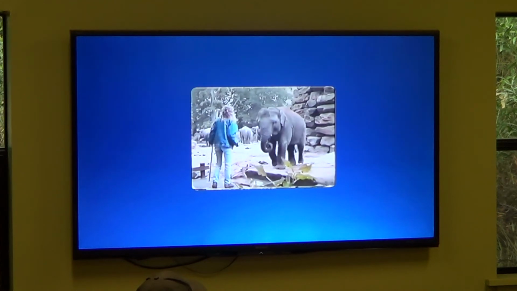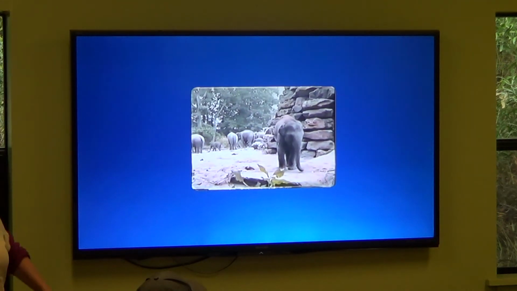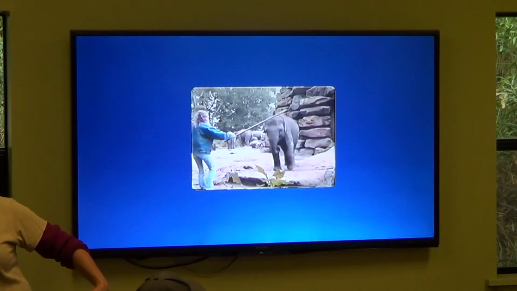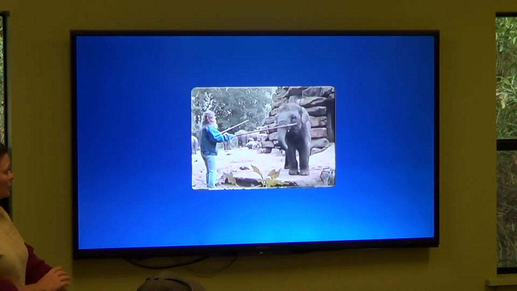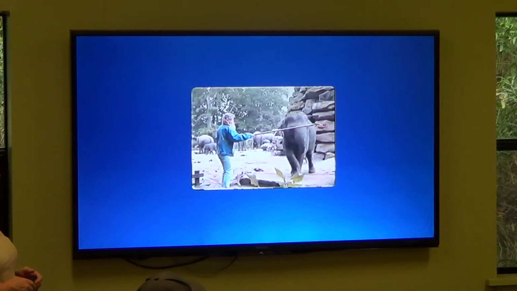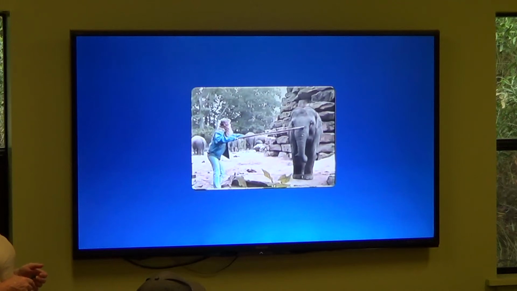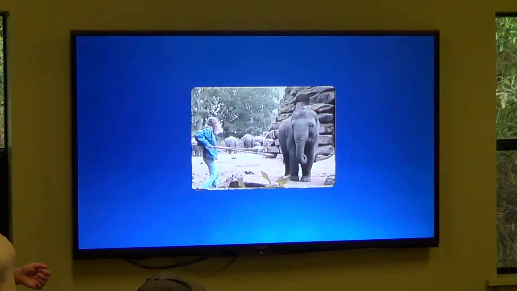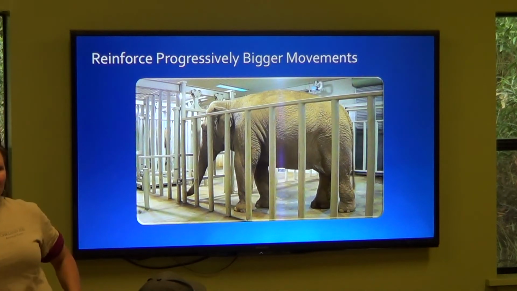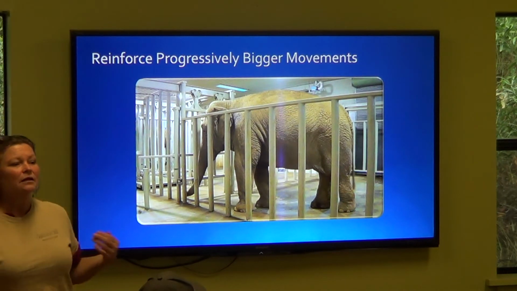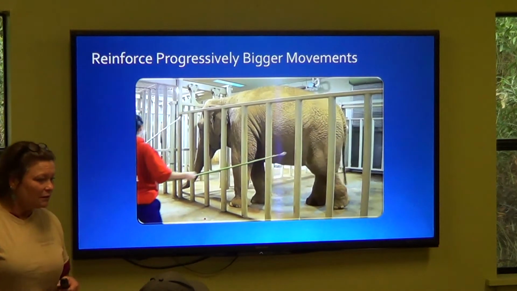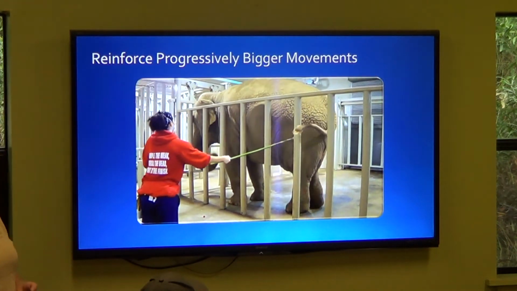And then what you'll see in just a sec is she's actually going to touch him, pull that hip target away, and you'll see him take his first step towards the hip target. So there's the touch, move it away, and that. Okay, so it's a tiny, tiny little step, but that initial movement towards the target is what you build on. So then you're going to start looking for progressively bigger movements like that.